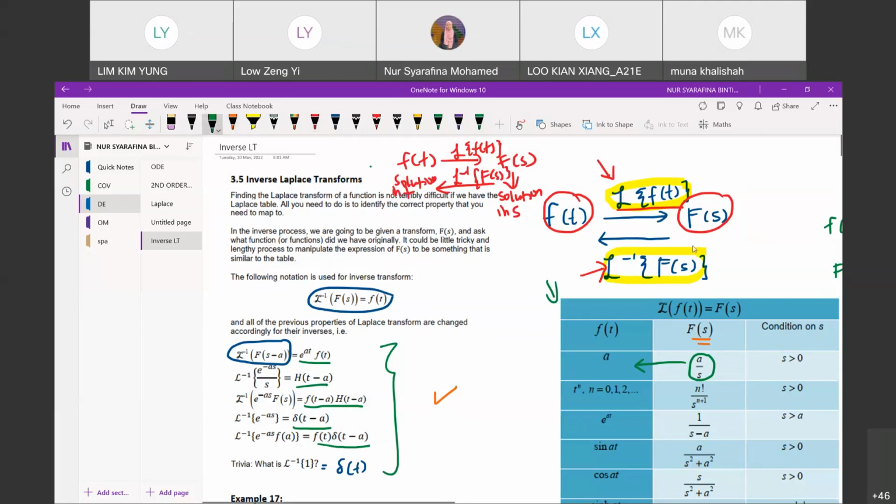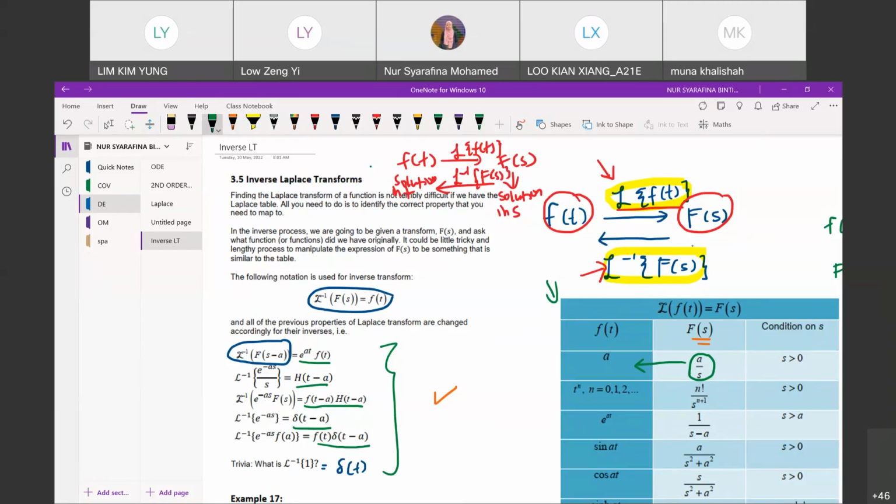Before we can proceed with this, we have to understand how to transform and how to inverse transform. Basically, there is no exact formula on how to inverse transform, but you need to understand how you transform first. What is the nature of the function once you transform? What are the properties used?